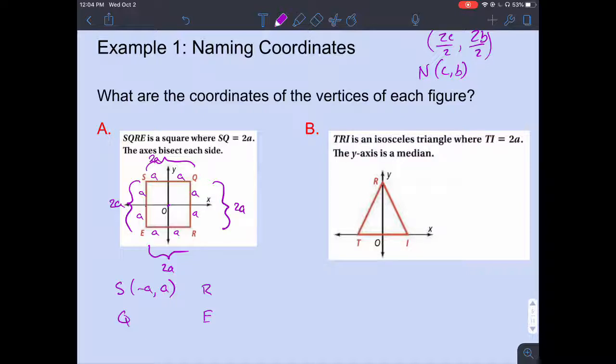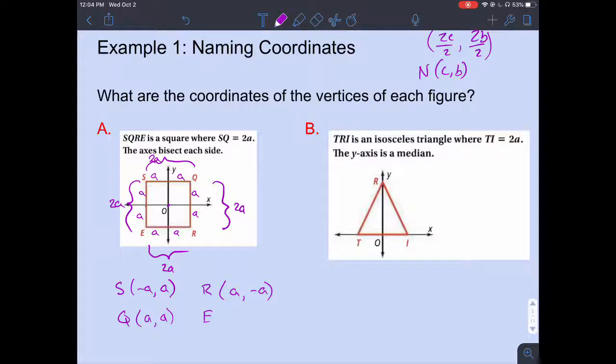So let's look at Q. We'd go A units to the right, starting at the origin, and we go A units up. So those are both positive. For R, we're going to go A units to the right, and then we're going to go A units down, which anytime you go down is considered to be a negative. And let's look at E, the final one.